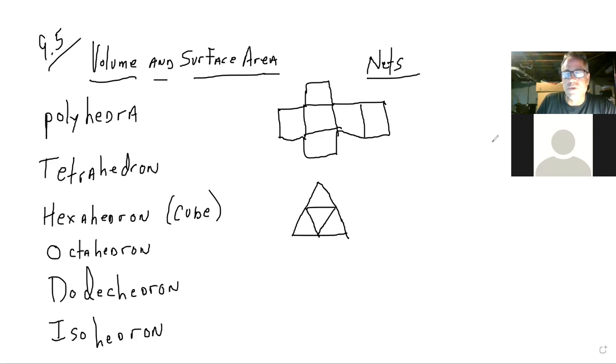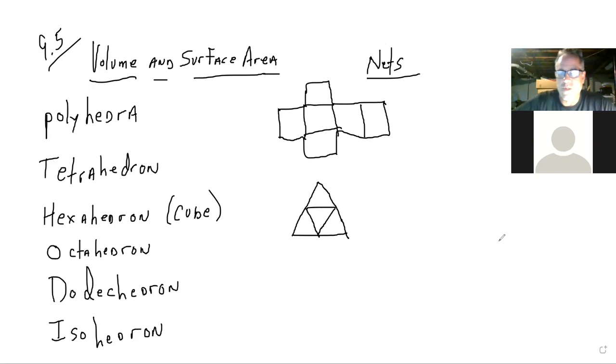All right, so what we really want to focus on in this section are different kinds of space figures we may deal with and their volume and surface area formulas. You're not going to have an expectation to memorize these, but to be able to use them.